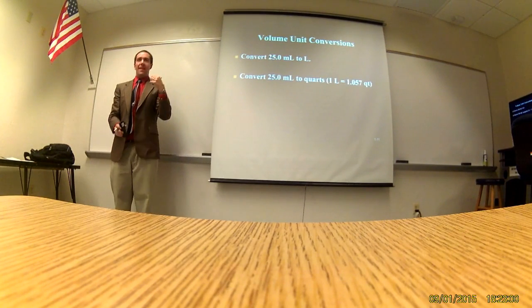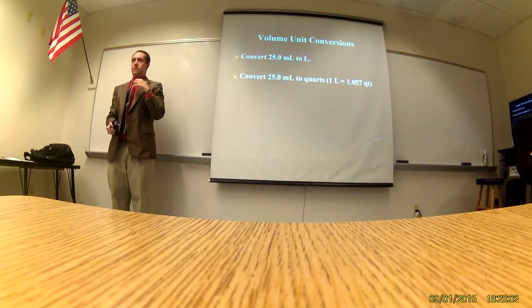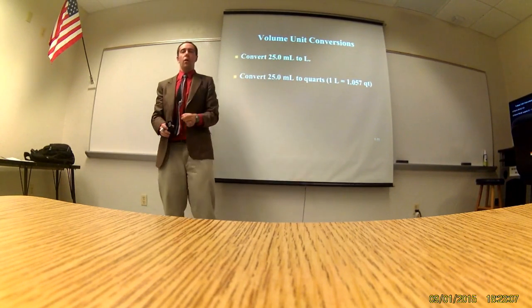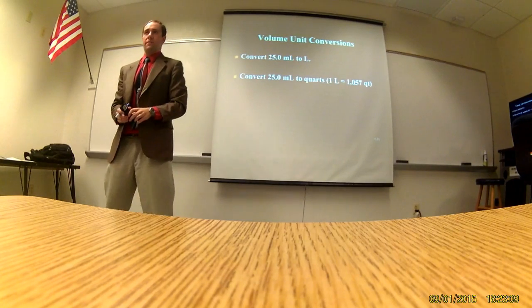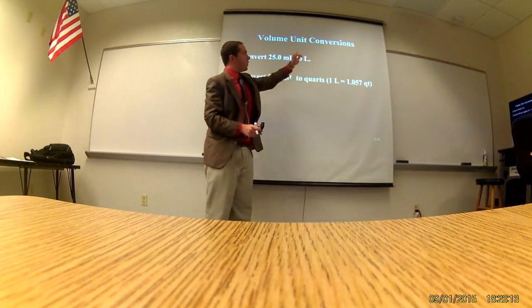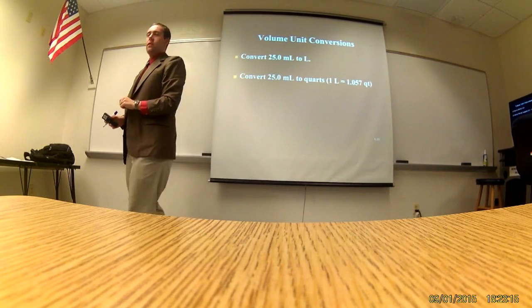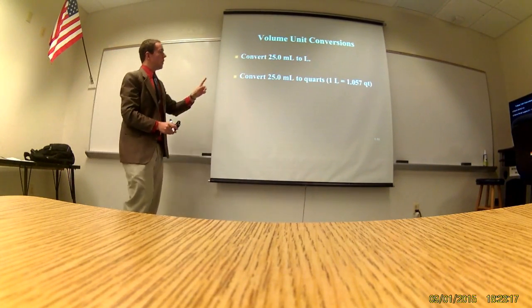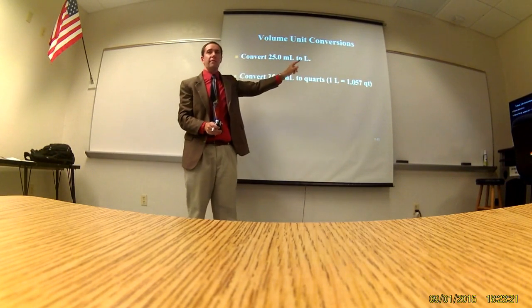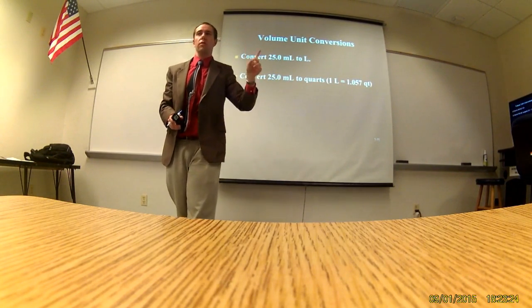So let's step back and look at it the way we were looking at it before. What number does milli go with? 1,000. Is a milliliter bigger or smaller than a liter? Smaller. So when we go from milliliters to liters, is our number going to be smaller or larger?